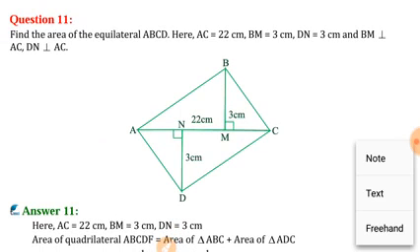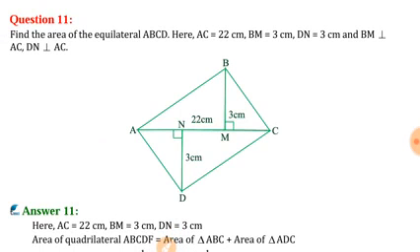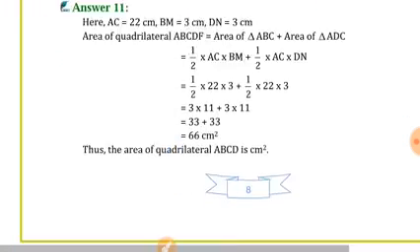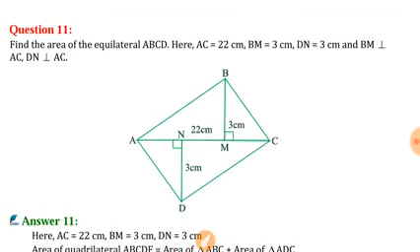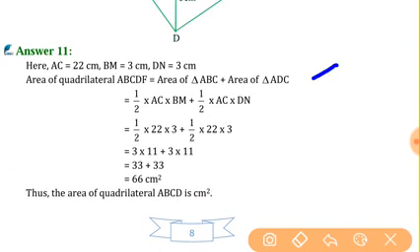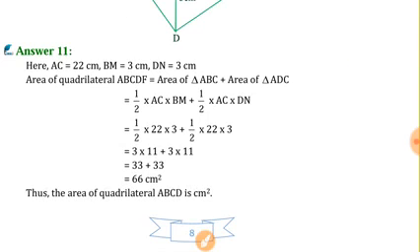Here AC is 22 centimeters in total, BM is 3 centimeters, DN is 3 centimeters, BM is perpendicular to AC, and DN is perpendicular to AC. So we have to find the total area.